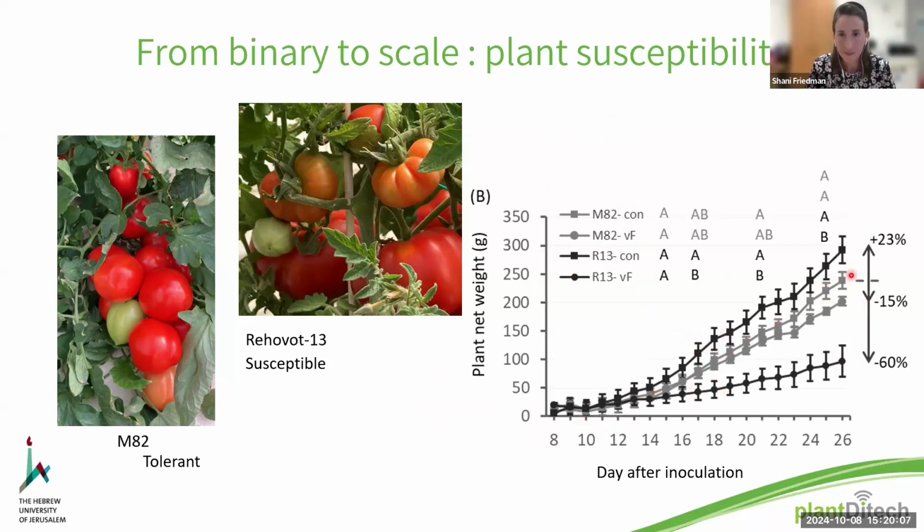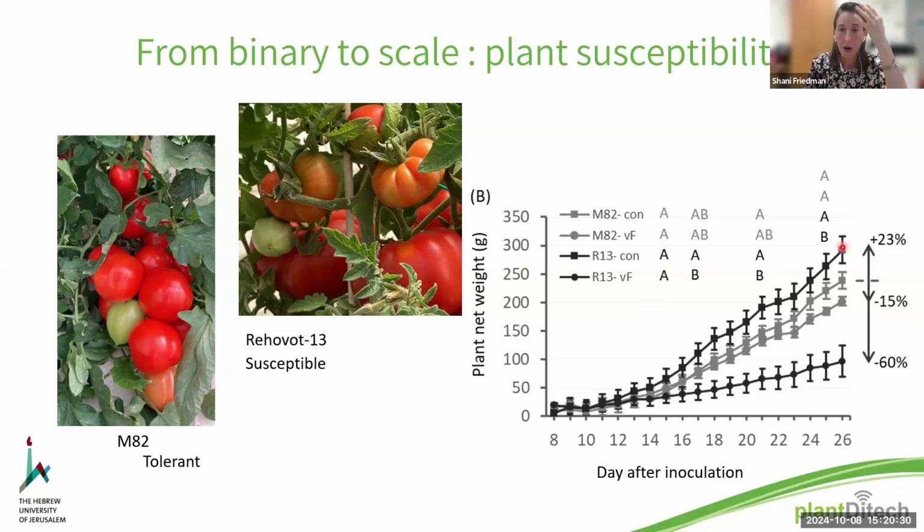At gray, M82 control treated plants get to around 220 grams. When inoculated, it loses about 15%. Interestingly, Rehovot 13 in black, the susceptible cultivar, produces higher biomass, 23% more than M82. In brackets, I would say this is not significantly different.